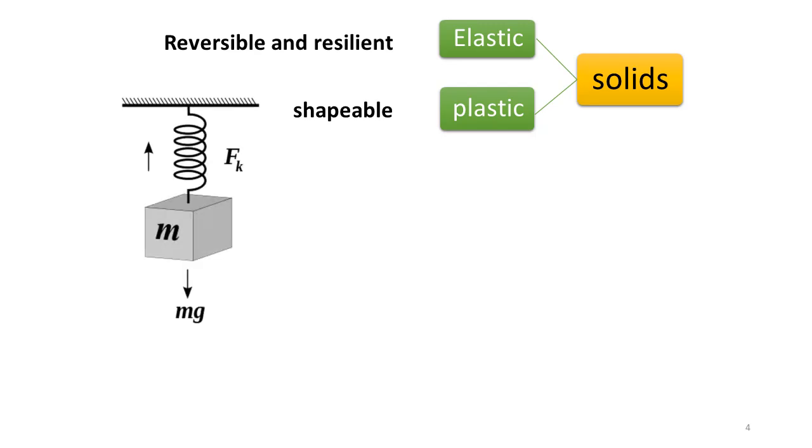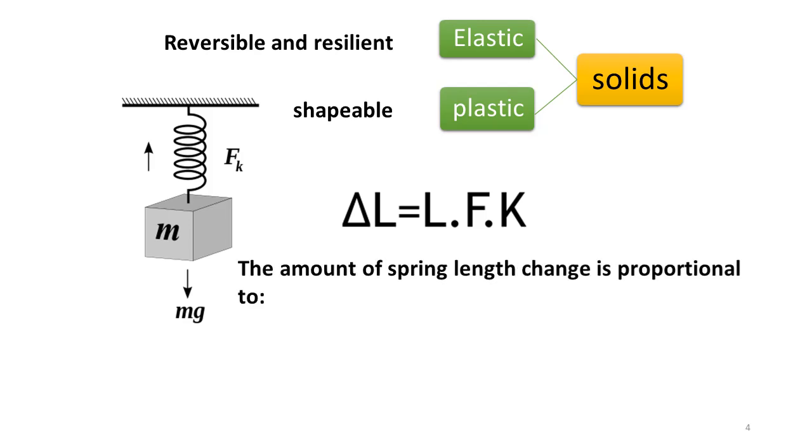So, for elastics, imagine a spring that is loaded by a weight as m, and the spring floats the weight. Based on a formula, delta L is equal to L times F divided by K. So what are these abbreviations?